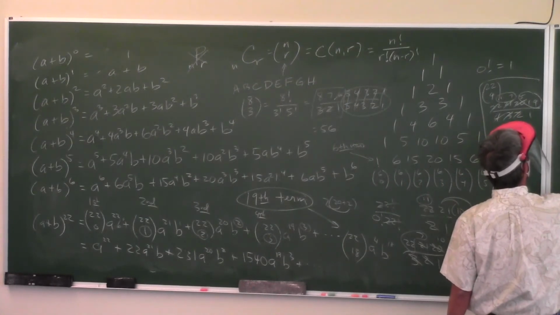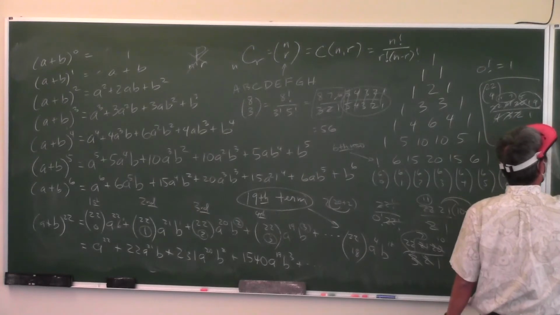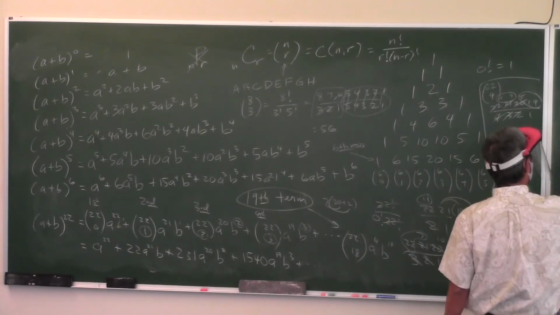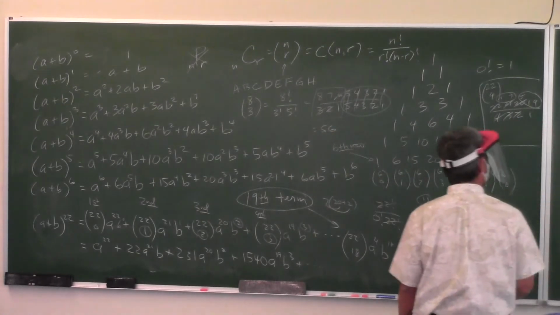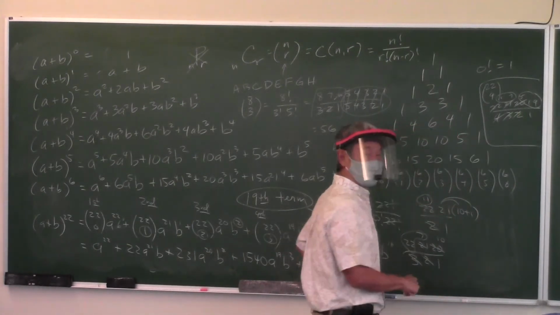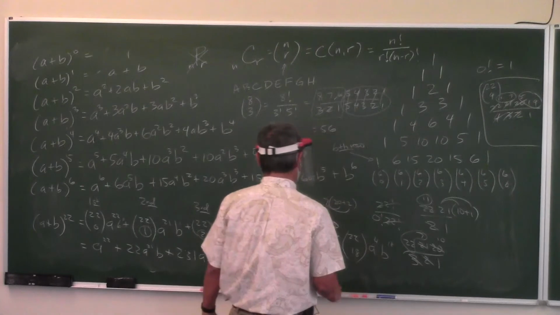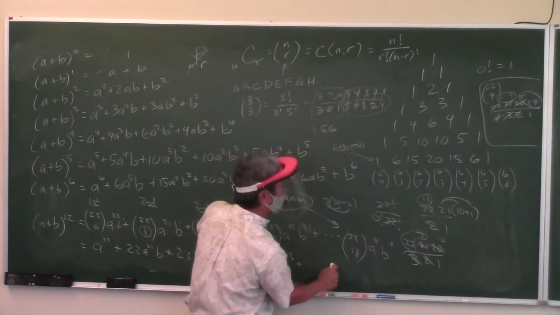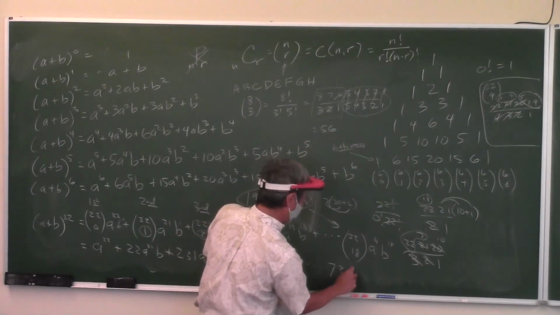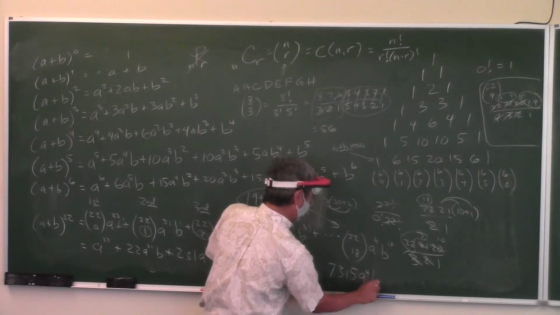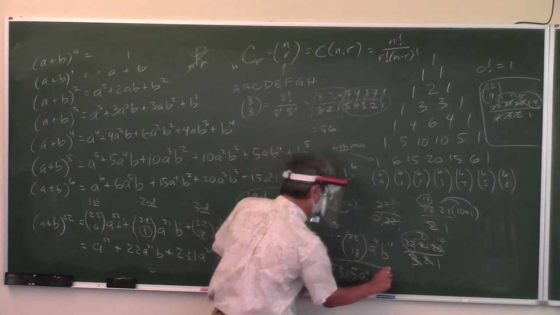That's the same thing again, right? So, 5, 1, 3, 7. Did I do that correctly? Come on, this is elementary school. So the 19th term would be 7, 3, 1, 5 A to the 4th, B to the 18th.